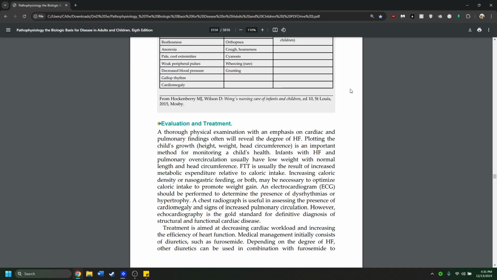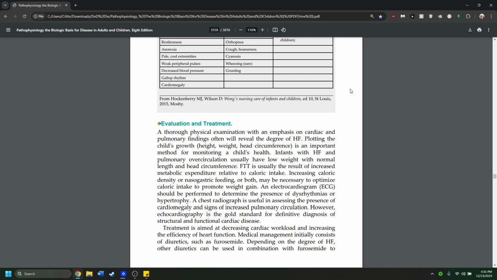Failure to thrive is usually the result of increased metabolic expenditure relative to caloric intake. Increasing caloric density or NG tube feeding, or both, may be necessary to optimize caloric intake to promote weight gain.